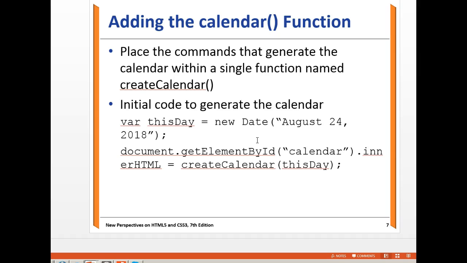We are going to use August 24, 2018. This line will actually store the HTML code for that calendar.